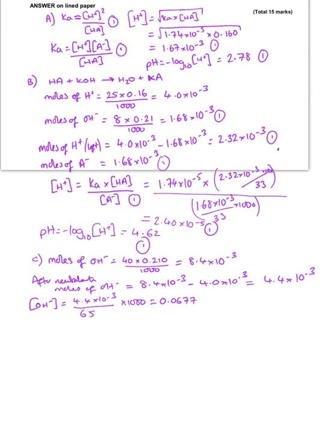Once I've got the hydroxide ion concentration, I can use Kw. And we know this is taking place at 25 degrees C, so Kw has its usual value of 1 times 10 to the minus 14.